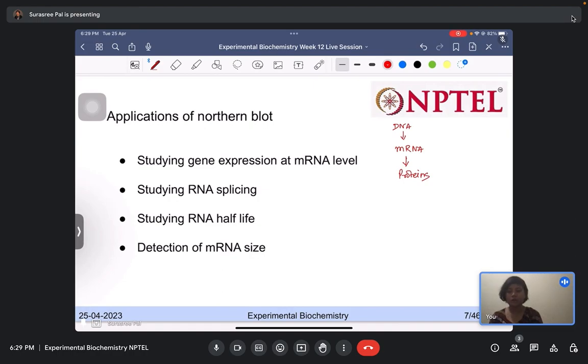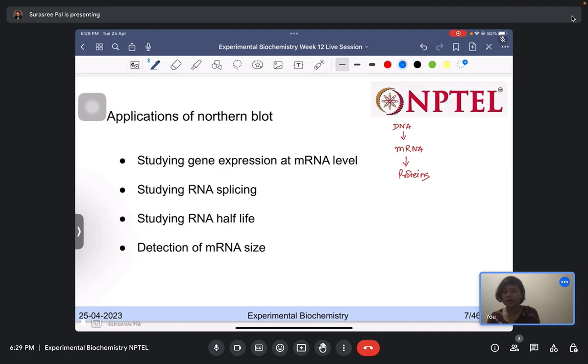So that is the central dogma. If a gene is active, then from this gene an mRNA will be synthesized, and from the mRNA proteins will be synthesized. Now gene expression can be studied at two levels.